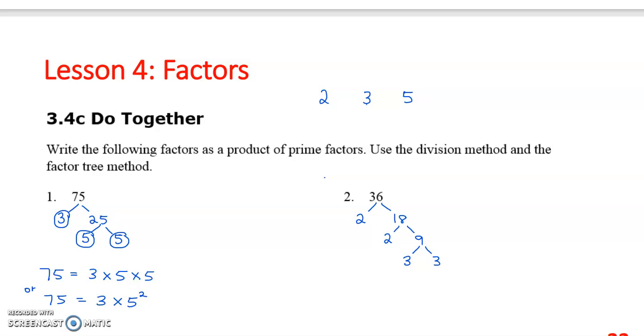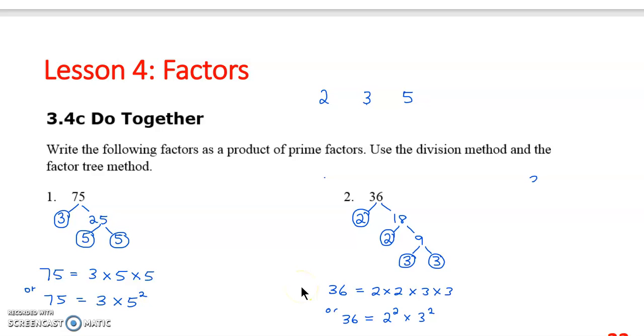And now I'm finished. So 2 times 2 times 3 times 3. 36 is the result of 2 times 2 times 3 times 3. Or we can express it with exponents. 36 is the result of 2 squared times 3 squared.